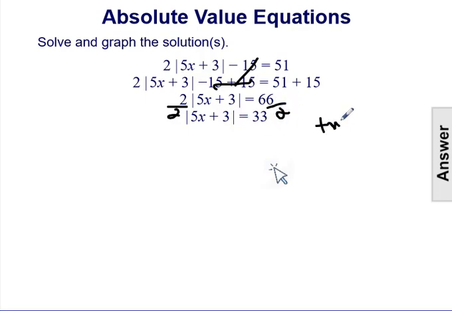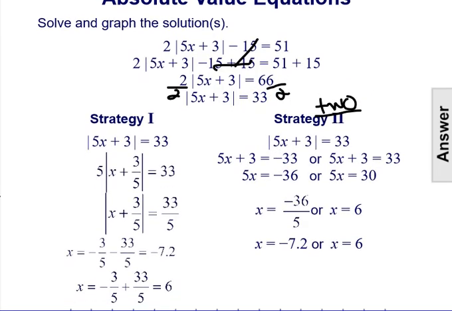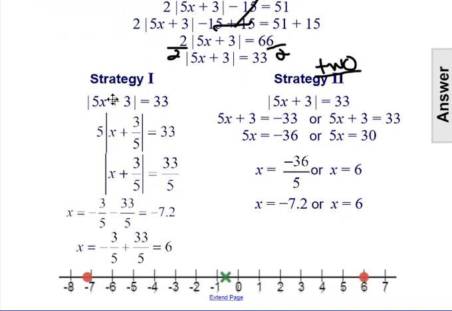So this is going to have two solutions because it's equal to 33, which is a positive number. Now there's two strategies. The first, you are taking out the factor of 5, and then you are isolating the absolute value by dividing by 5. You have the absolute value of x plus 3 over 5 is equal to 33 over 5.